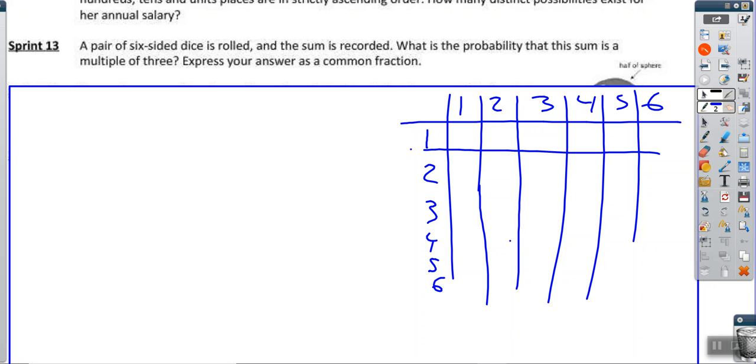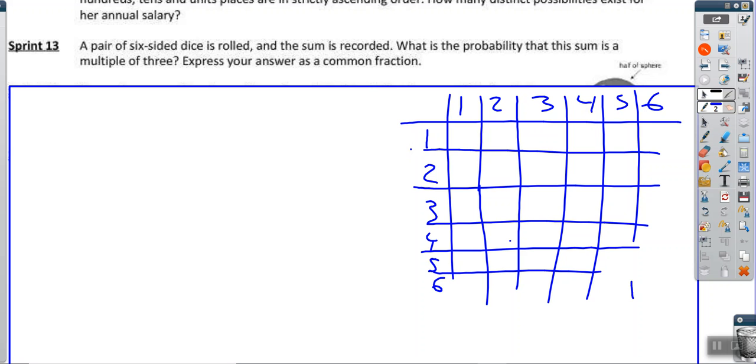So each square represents one possible outcome, which means we have 36 possible outcomes. And we just need to figure out which of these outcomes is divisible by 3. It's the sum. What is the probability that the sum is a multiple of 3? So 3, 6, 9, 12.